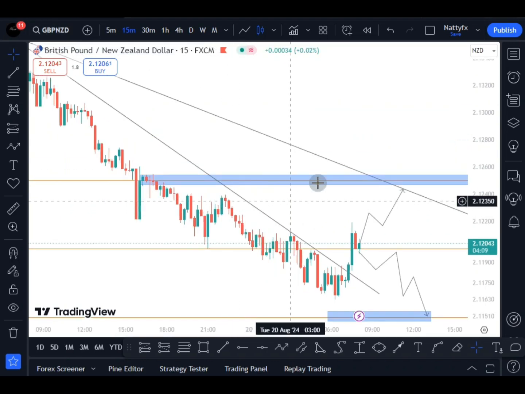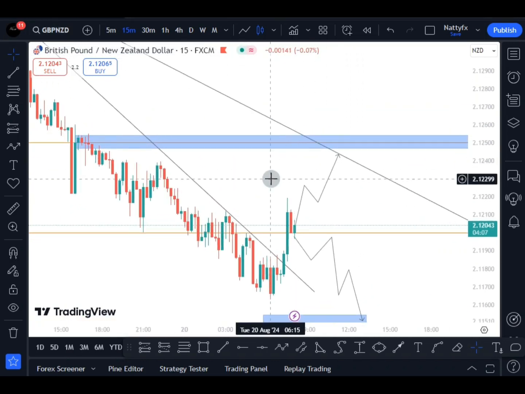Okay, so that's just about it on top-down analysis, on how to properly take a trading opportunity in the market using top-down analysis. And you also have to consider your fundamentals. You have to check the news to know if there's an upcoming news event that will affect the market either positively or negatively.